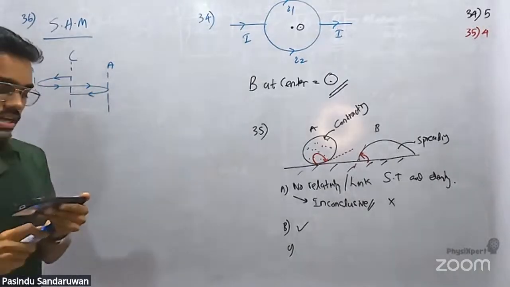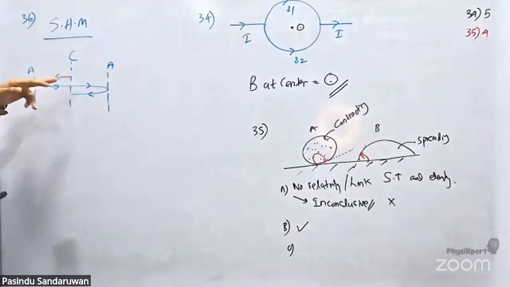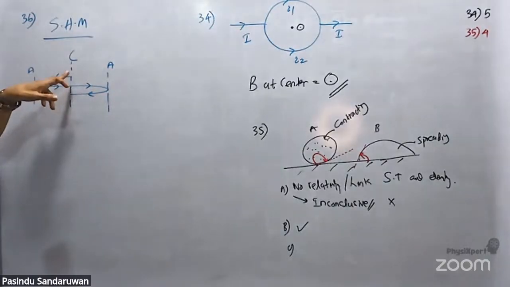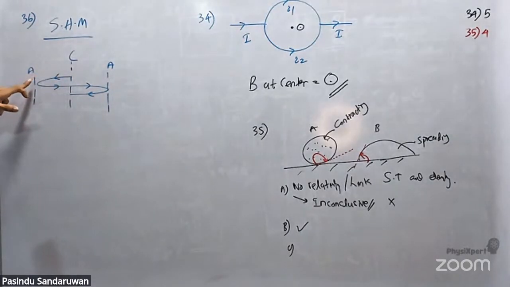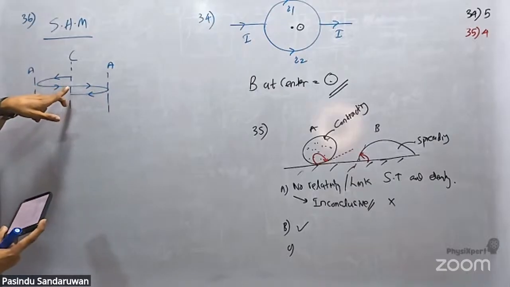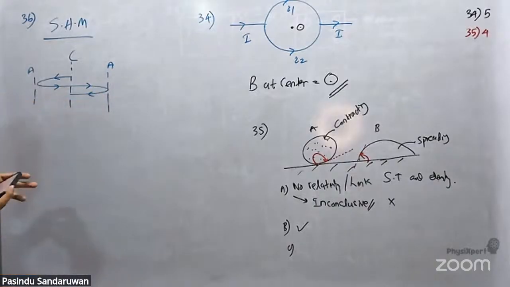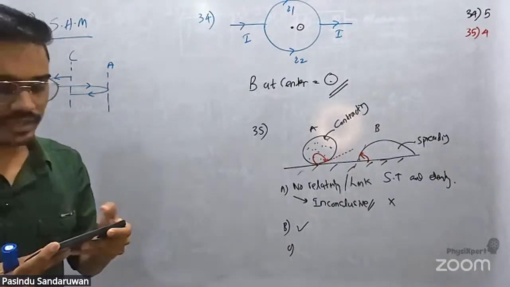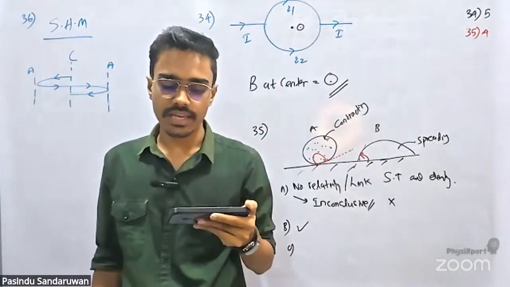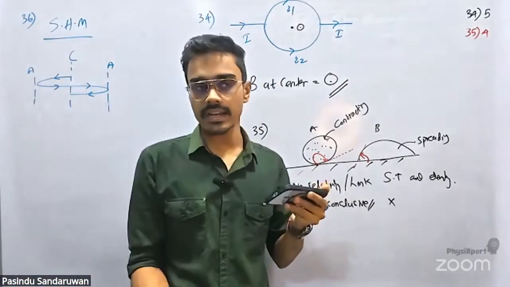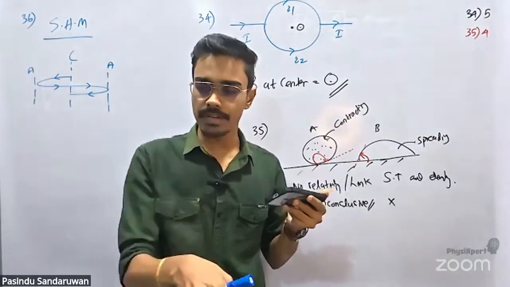So when it comes to displacement, if it starts from the center, displacement is 0. Then it goes to amplitude, comes again to center, 0, then goes to the opposite side, negative, again comes to amplitude, and comes to 0. Likewise. Now in this case, the object is dragged and released. Once the object is dragged, the release point is the amplitude.